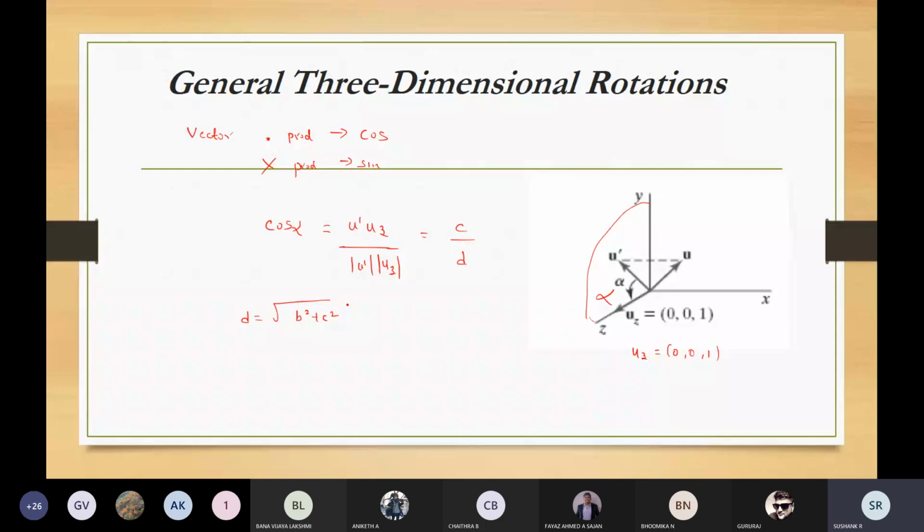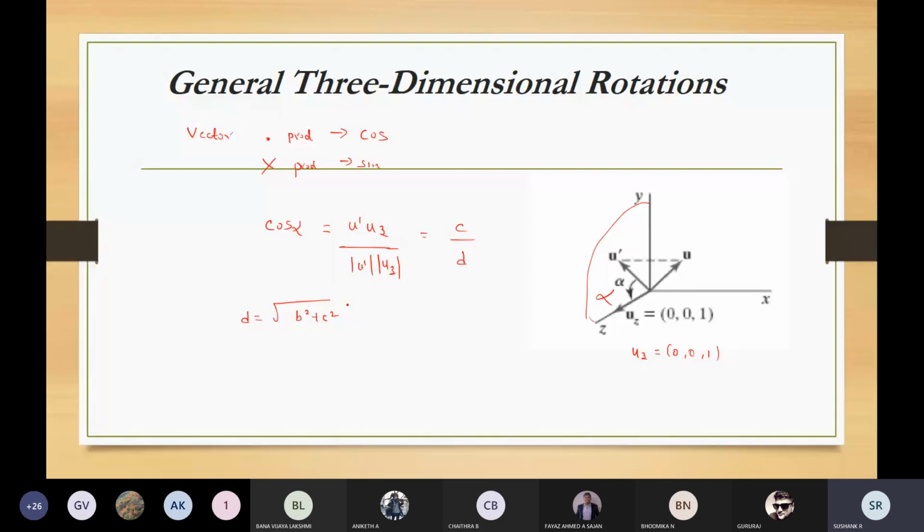What we did means, first thing is we were rotating u around the x-axis into the xz plane, which was accomplished by rotating u dash through the angle alpha onto the z-axis.